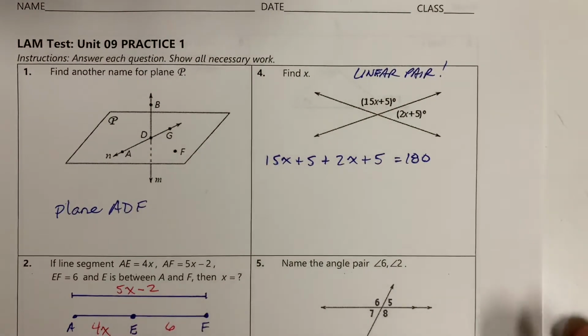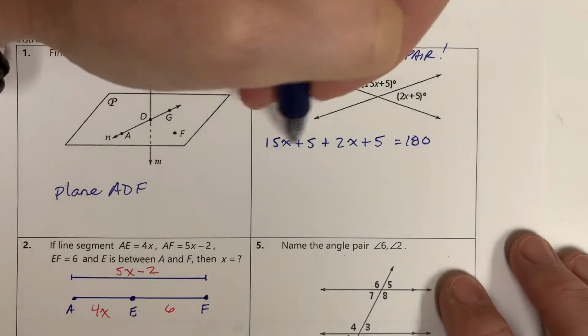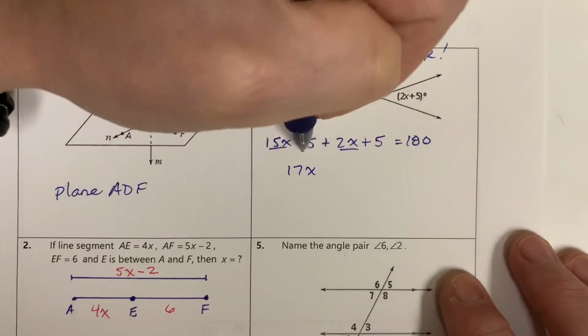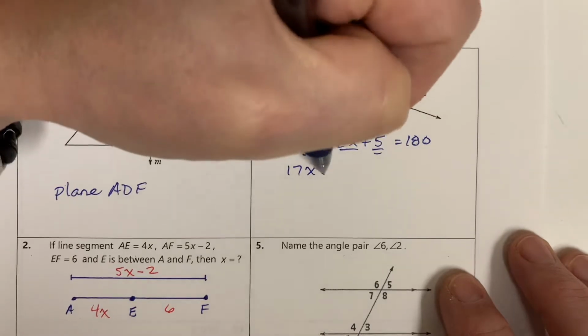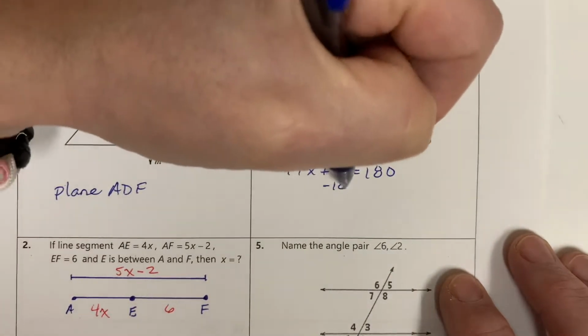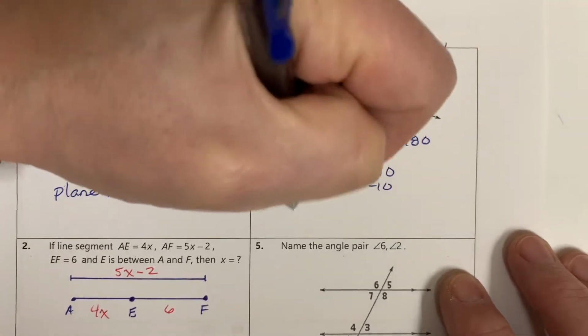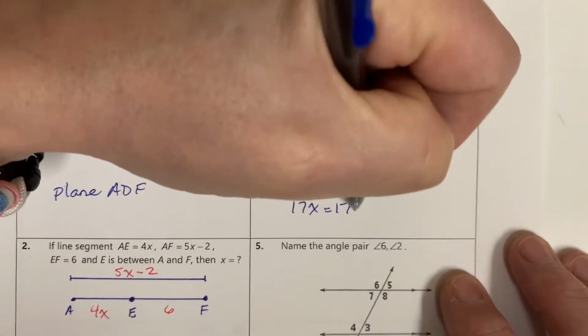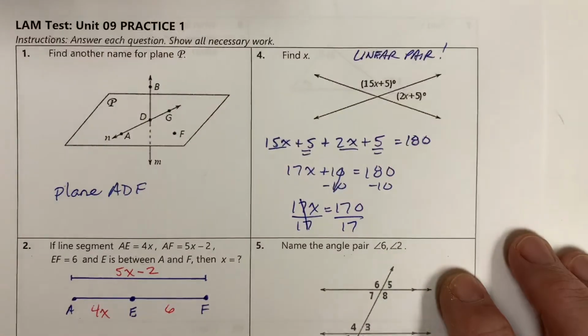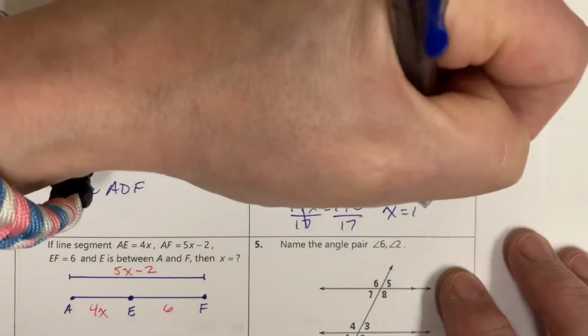Combine like terms on the left side: 15x and 2x make 17x, and 5 and 5 make 10, equal to 180. Subtract 10 on both sides: 17x is equal to 170. If we divide by 17, we get x is equal to 10.